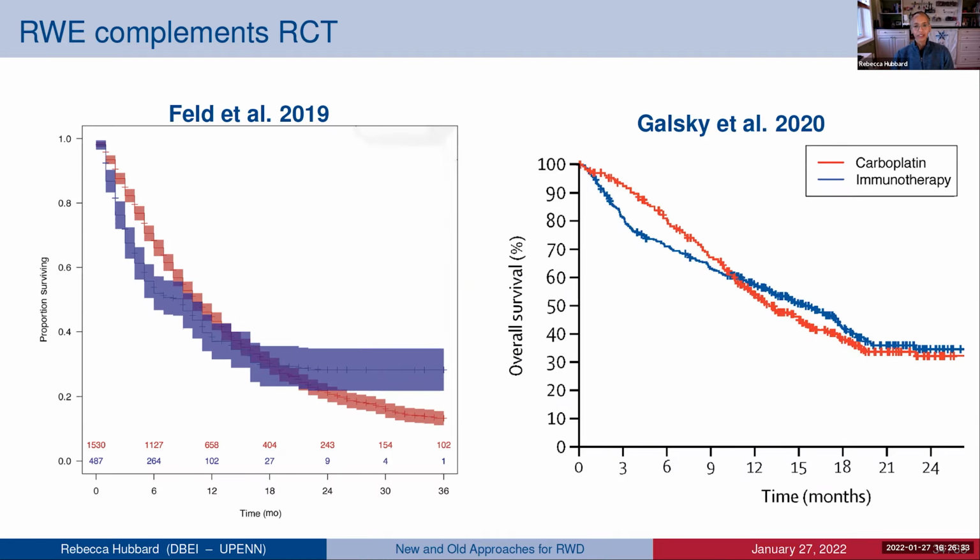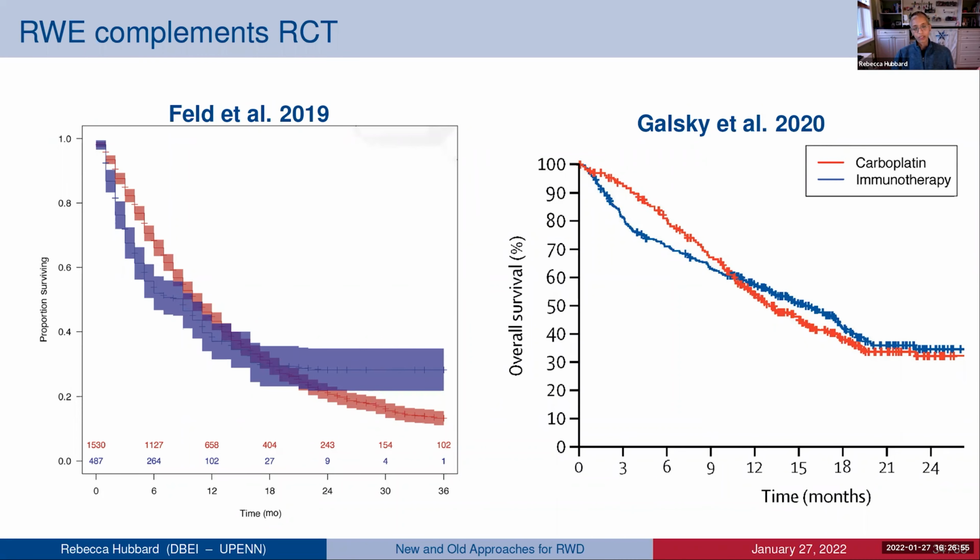The overall conclusion from these 2 studies is really, really similar. Both found that there was an early benefit of chemotherapy and a late benefit of immunotherapy. Both found that if you didn't account for that crossing of the hazard ratios, there was no global effect. No global benefit of immunotherapy versus chemotherapy.